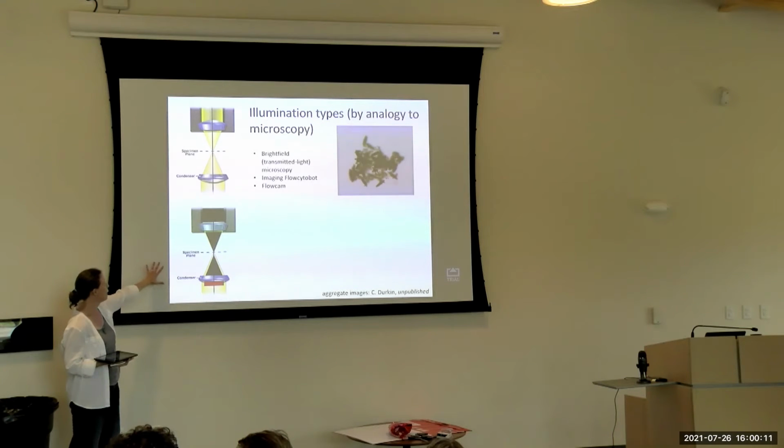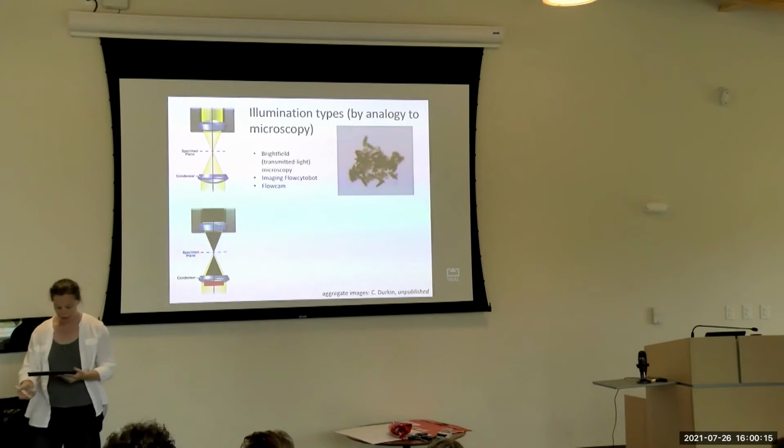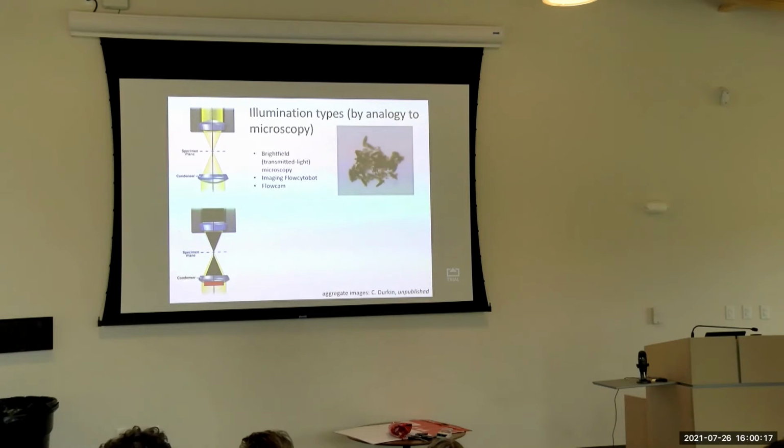So in microscopy, we can use something called dark field illumination. In this case, this is just constructed as some PowerPoint cartoons, but the red rectangle that I've inserted below the condenser is a stop. It's blocking all the light except for the light that's coming in right around the edges of the lens.